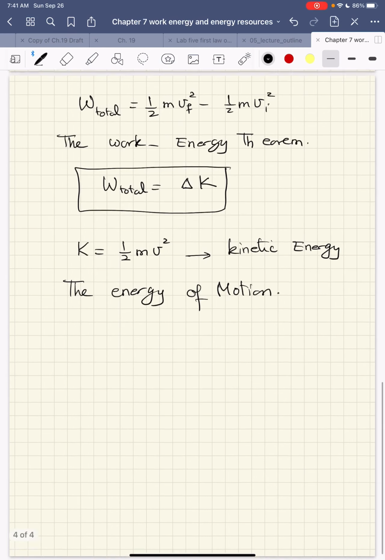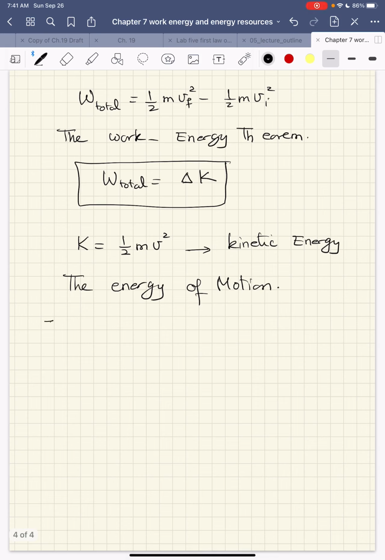Let me do one example here, just to show you how we're going to do all the concepts here.